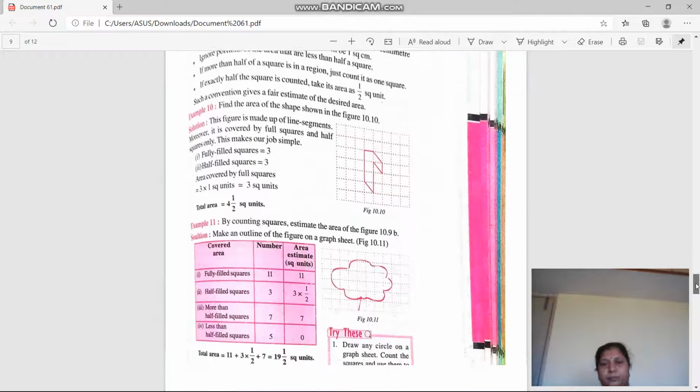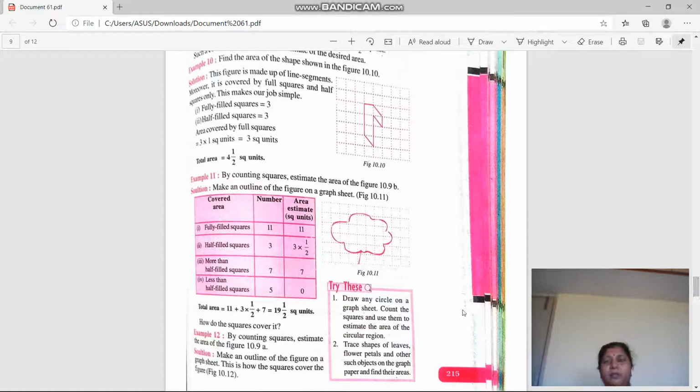So for a full square you count 1, more than half you also count 1, exactly half you count as half, and less than half you neglect. Whether it is a regular shape or an irregular shape, let's start to calculate in our exercise.